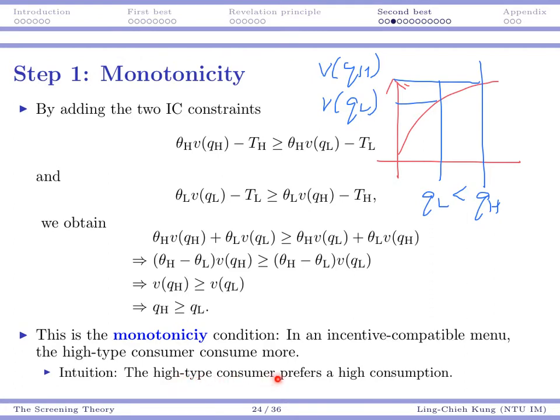High type consumers prefer high consumption because they get higher utility when they get a higher consumption. So if we want them to prefer the contract intended for them, QH should be greater than or equal to QL. Okay, so that's the first insight we may get.